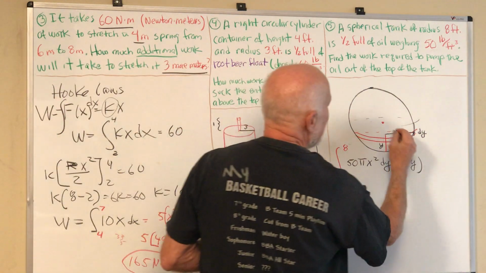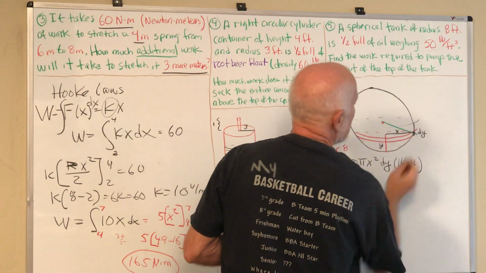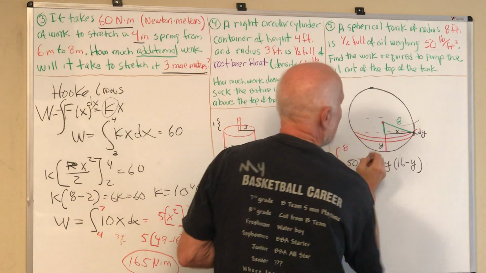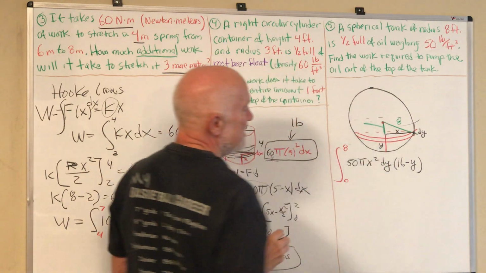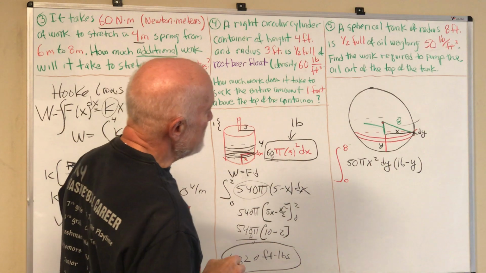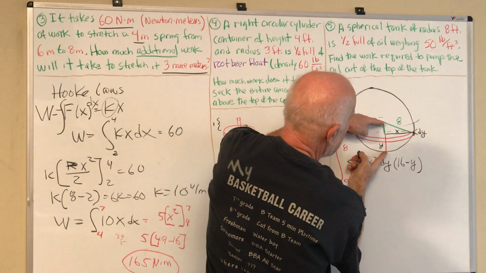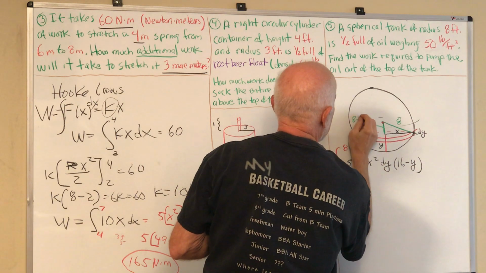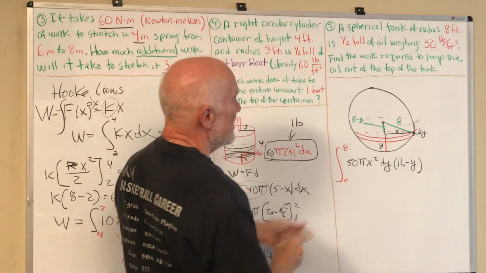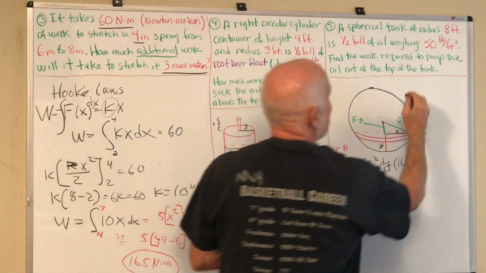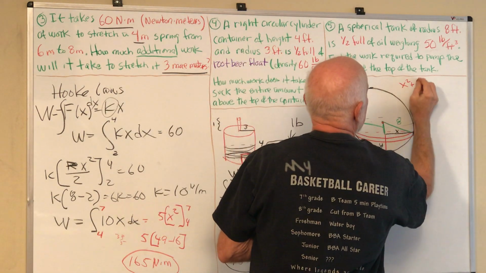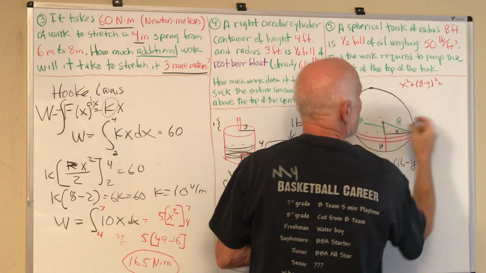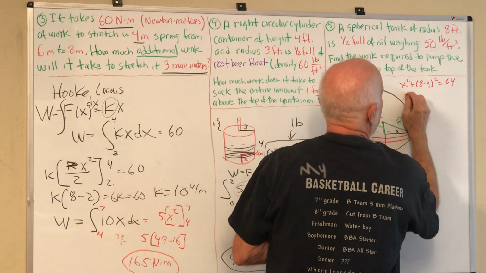So if I draw in a radius right there of 8, and then that little distance right here is going to be 8 minus y. So now I've got Pythagorean's theorem going on. I can say x squared plus (8 minus y) squared has to equal 8 times 8, or 64.